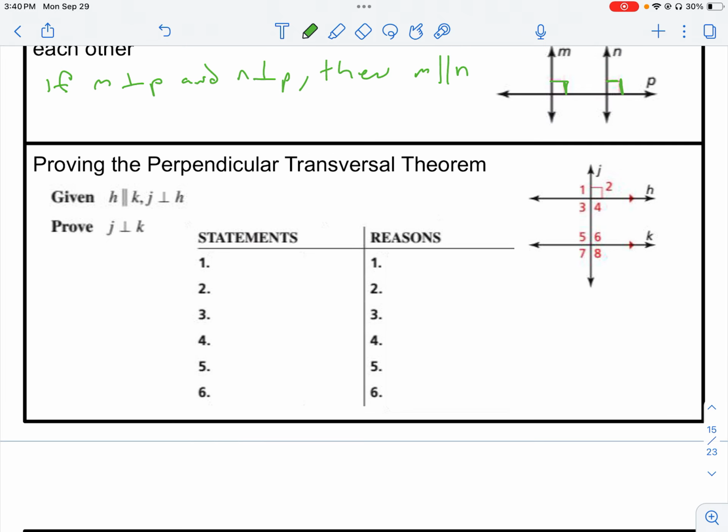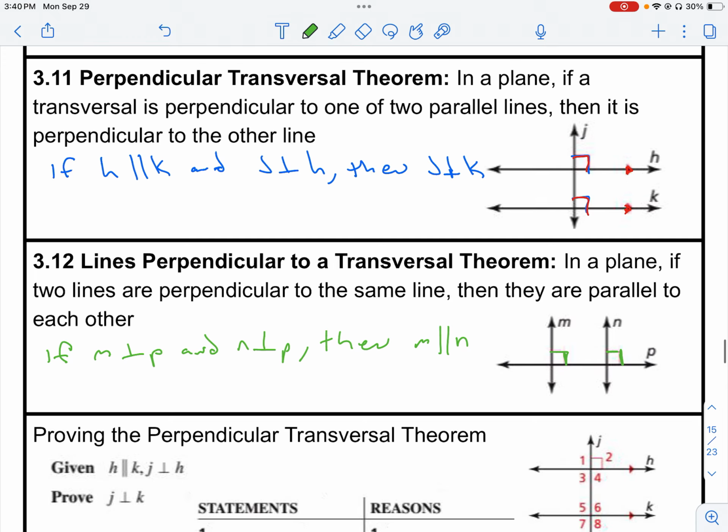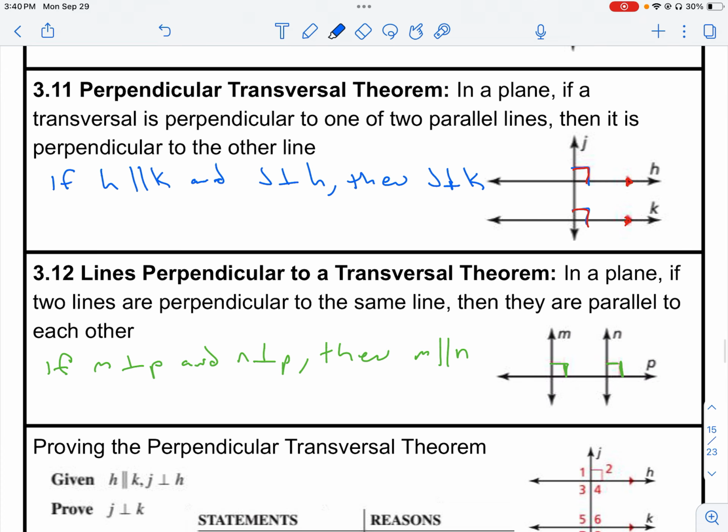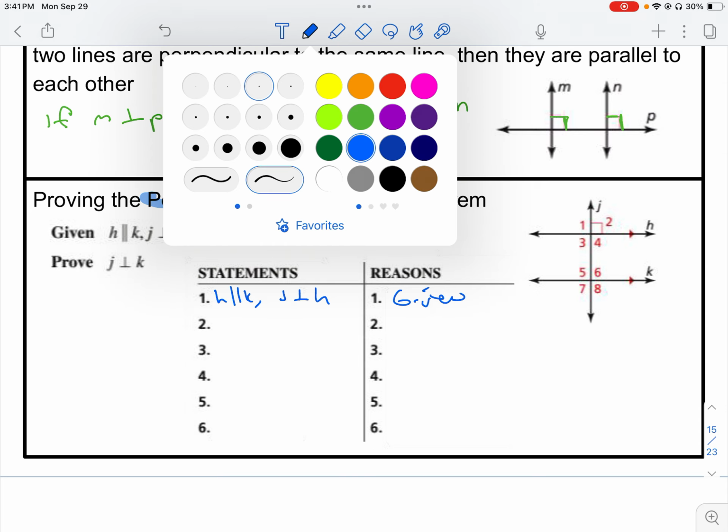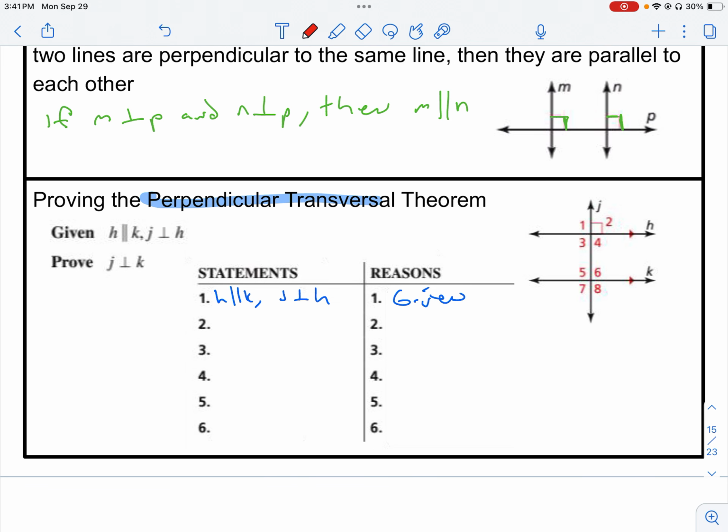In fact, let's go ahead and prove the perpendicular transversal theorem. This one right here. That's what we're going to prove. All right, so we're given that H is parallel to K and J is perpendicular to H. So we know that these things are true.